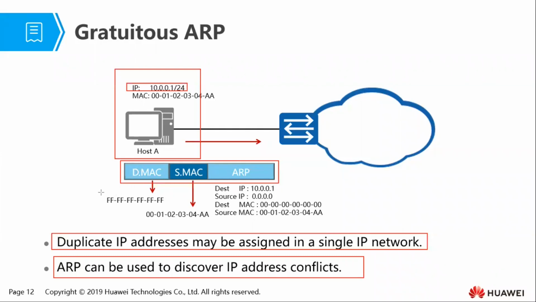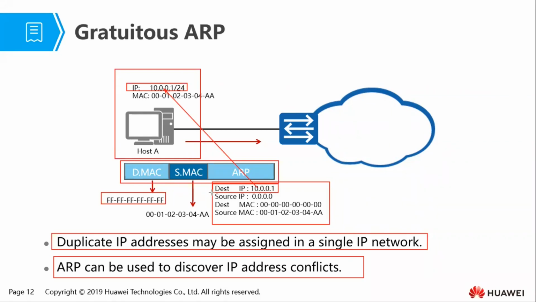Remember, ARP request is broadcast. Now, in the ARP header, it's going to put the destination IP address as the IP address that you've assigned it. So look at that address and this address, they're the same.